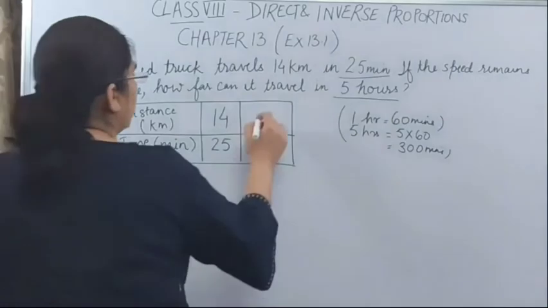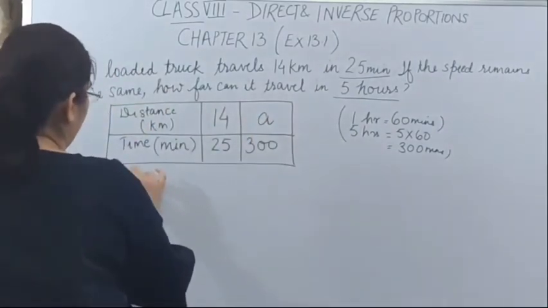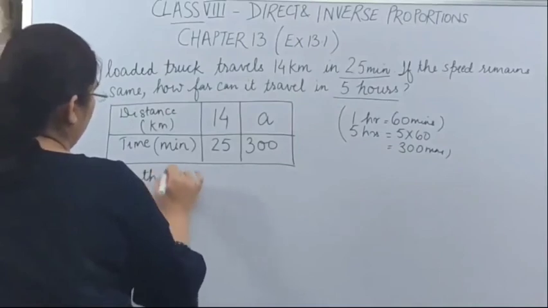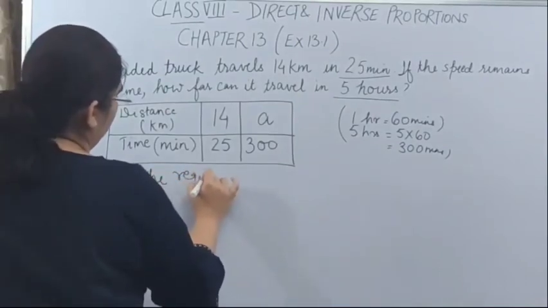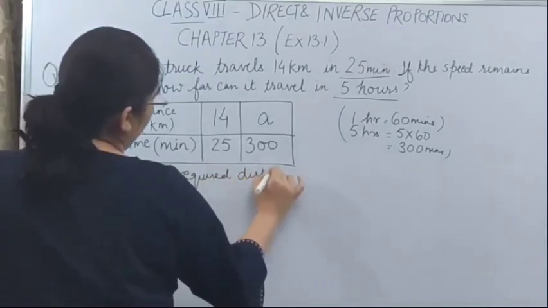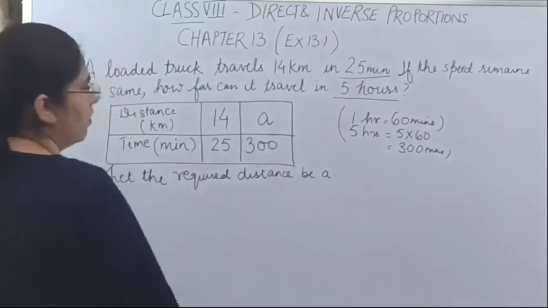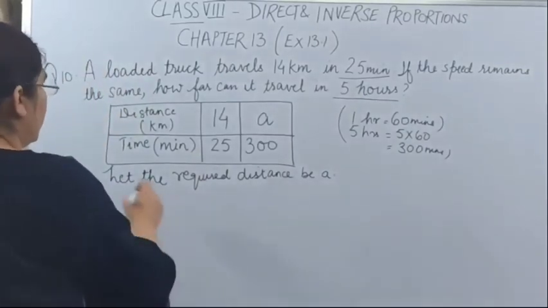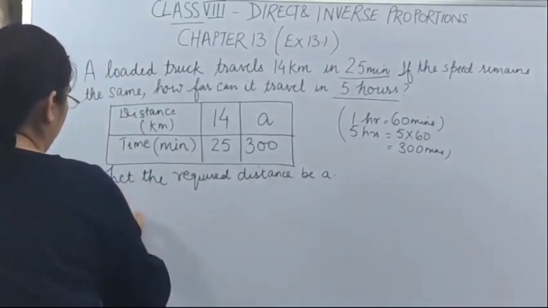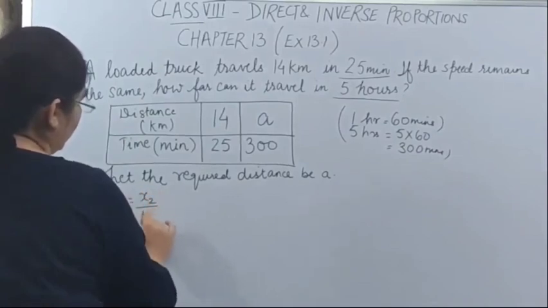Now, this distance requires to be calculated. So, we say let the required distance be A, and since it is a case of direct proportion, we all know very clearly now that this will hold true.